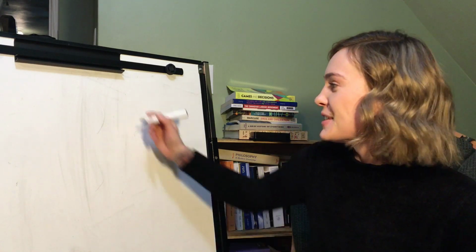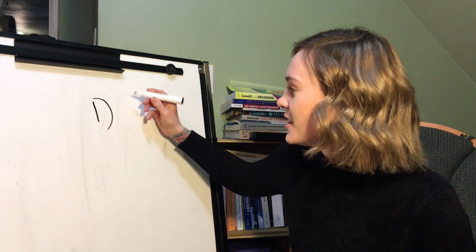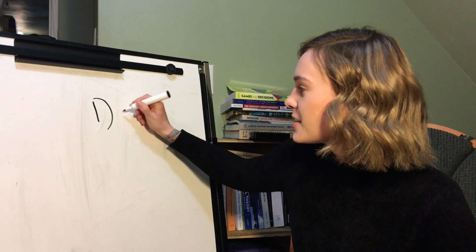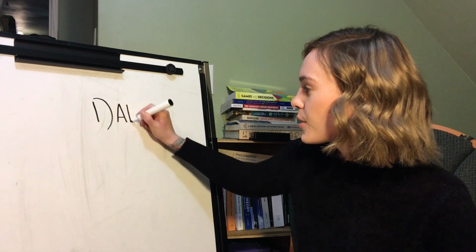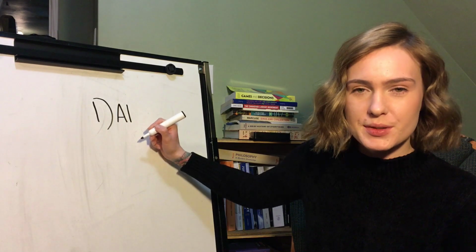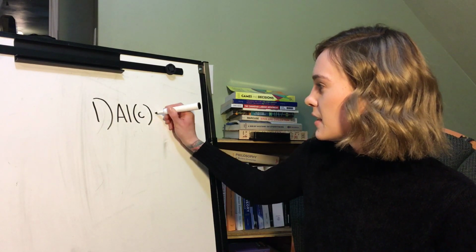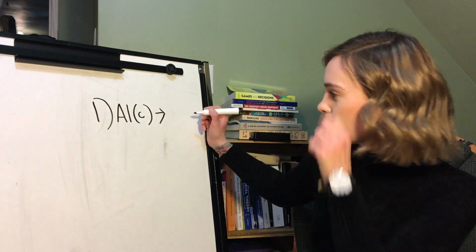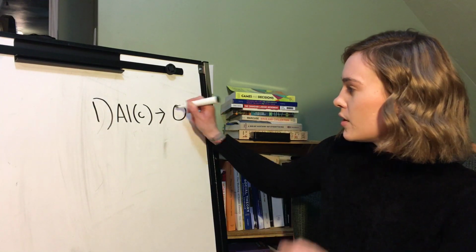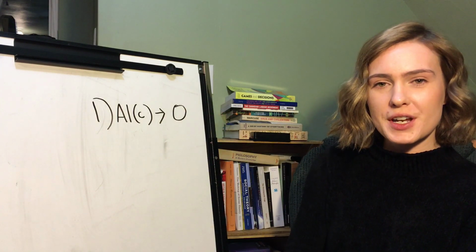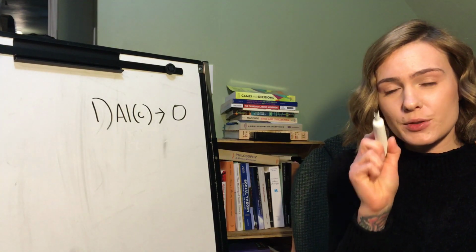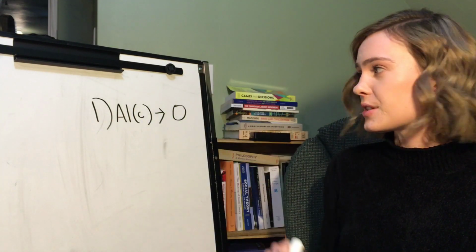So the woman comes in and she says, if you confess, so we'll say that the first prisoner or accomplice, we'll call them A1, if A1 confesses, then you will serve no time in jail. That is if you confess to this theft.